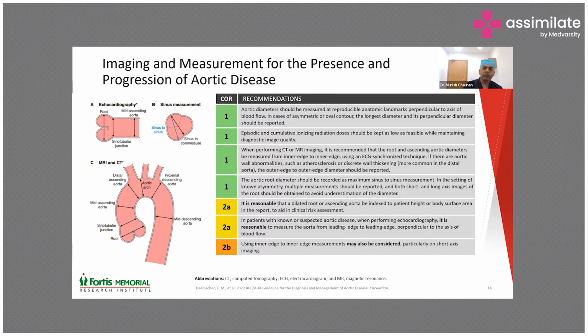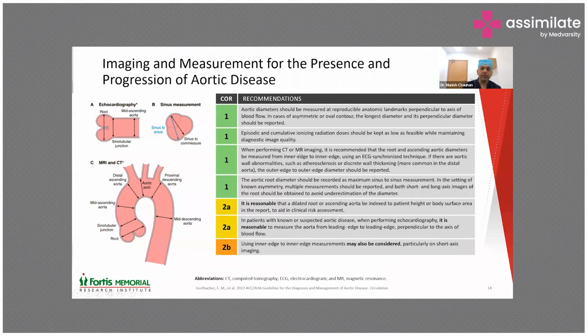The green ones are the grade 1 recommendations, with strong supportive evidence in clinical publications. Aortic diameters have to be measured at reproducible landmarks, in a cross-sectional area perpendicular to the flow. If it is oblong, then the longest diameter is used as the direction of flow, and we measure perpendicular to that longest axis.